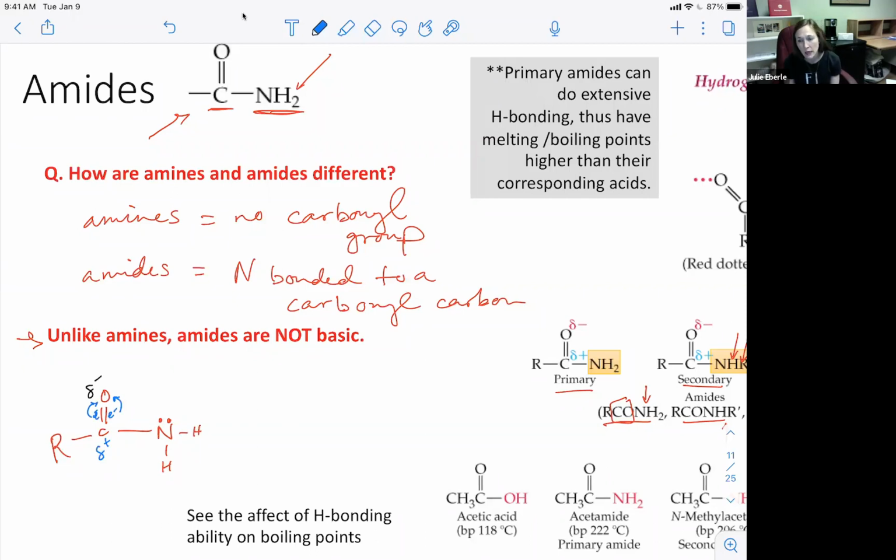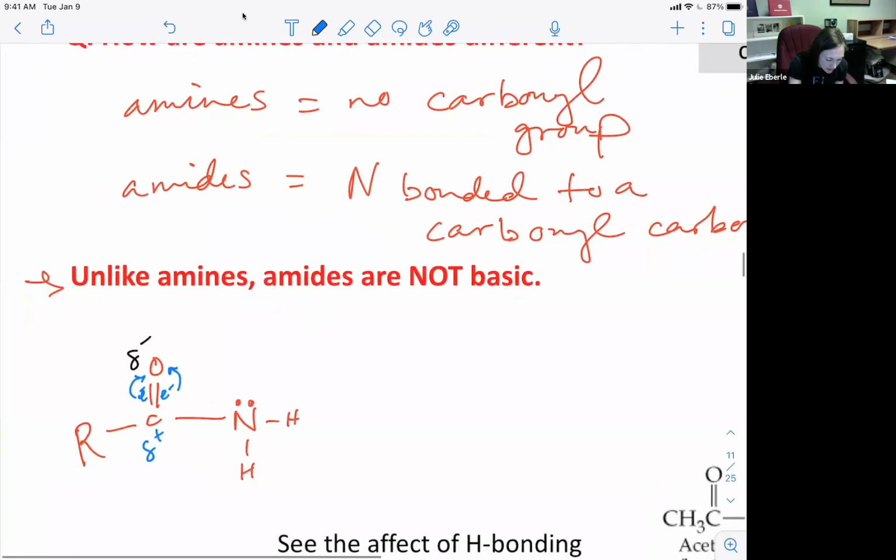So guess who is aware that they are bonded to a partial positive carbon? Nitrogen is. Nitrogen is also a pretty electronegative element, and it has a lone pair. So these electrons right here are very aware. I'm going to draw a double arrow here and highlight it.